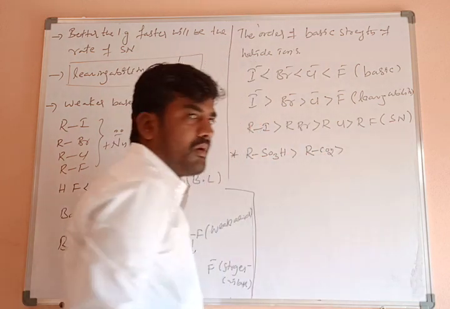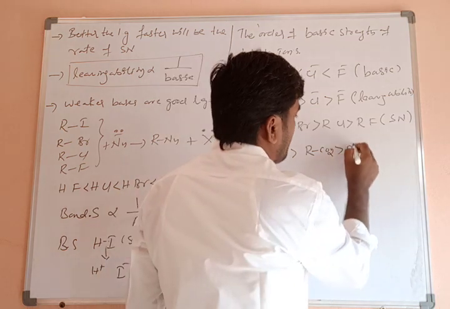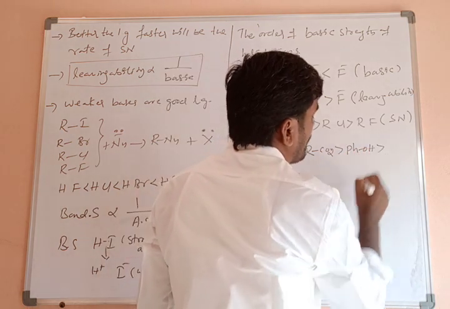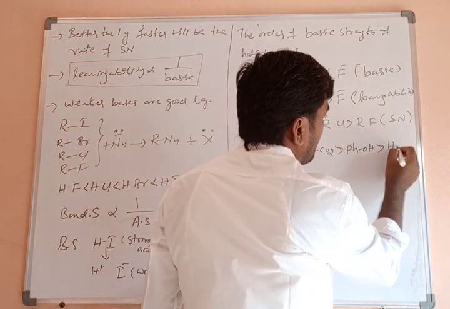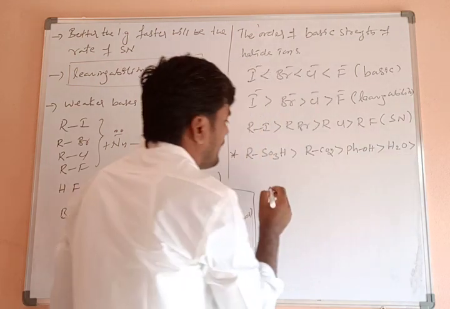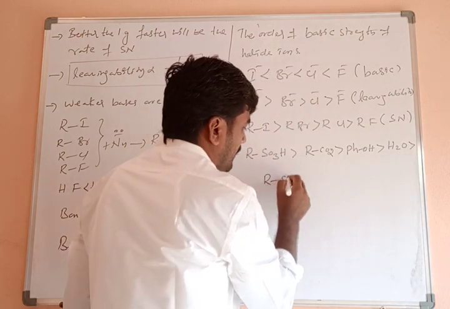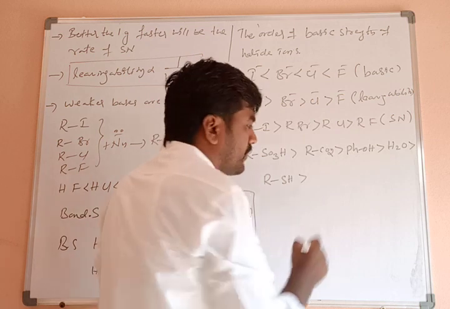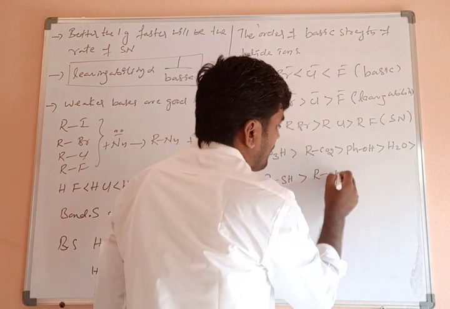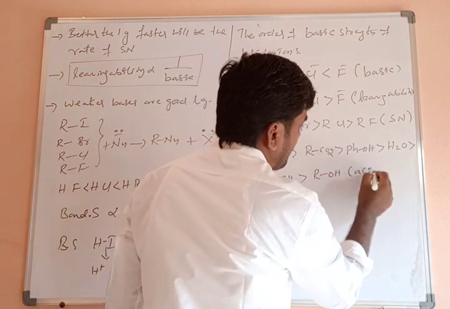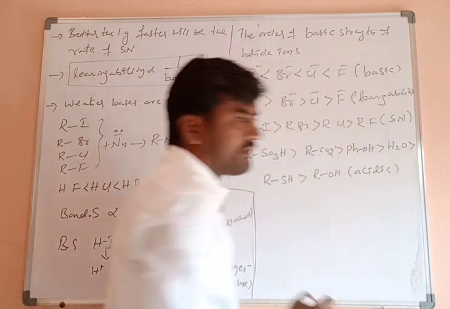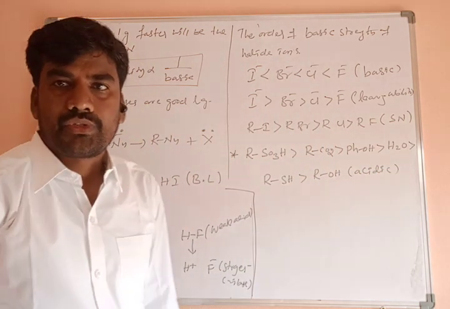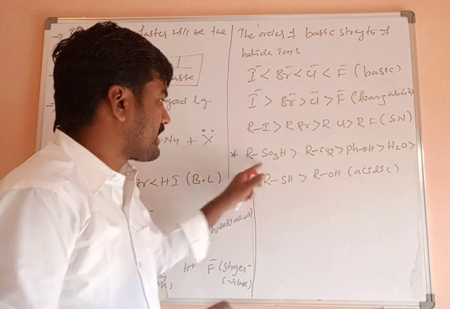Carboxylic acids are more acidic than phenols. Phenols are more acidic than water. Water is more acidic than thioalcohols. Thioalcohols are more acidic than alcohols. This is the acidic strength of organic compounds. Clear? Now this is the strongest acid.